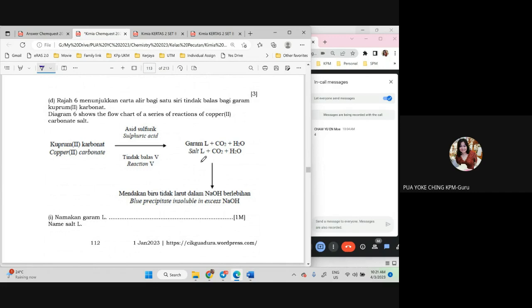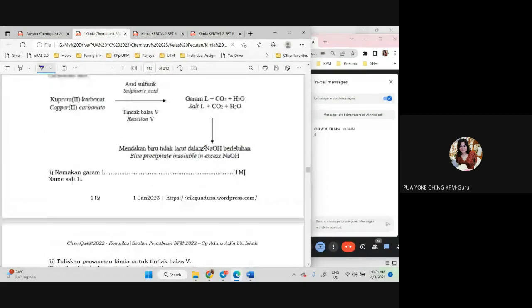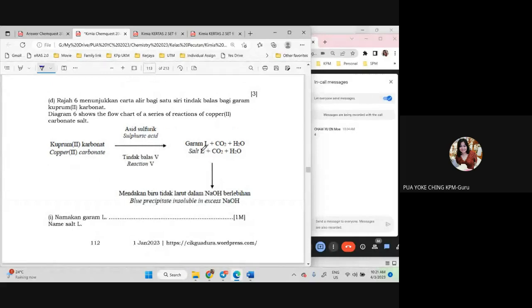Okay, the last part. Part yang terakhir untuk garam is it will come out like this. A flow chart. Okay, dari apa jadi apa jadi apa. Okay. So, untuk this one ada beberapa yang saya nak you ingat. Remember.